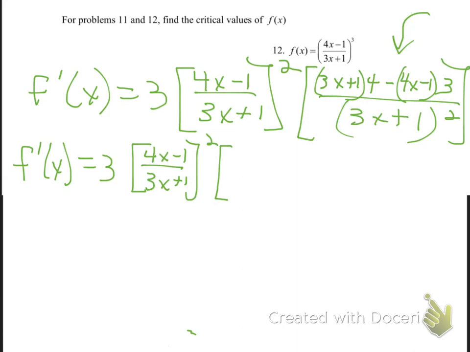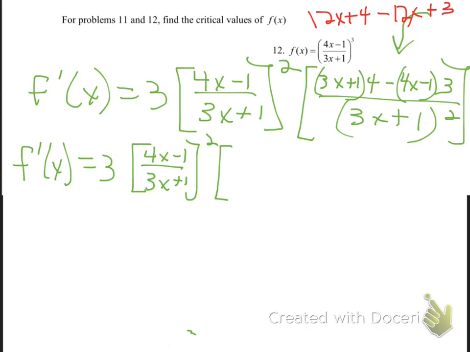Okay, now look at that numerator. Maybe I'll change to red and we'll do some of that work up here. That would be 12x plus 4 minus 12x minus a minus 1, so that's positive 1 times 3, so plus 3.